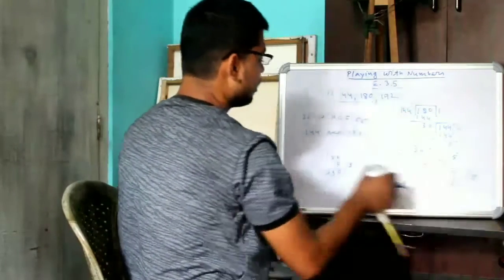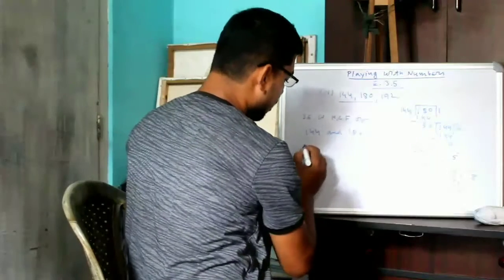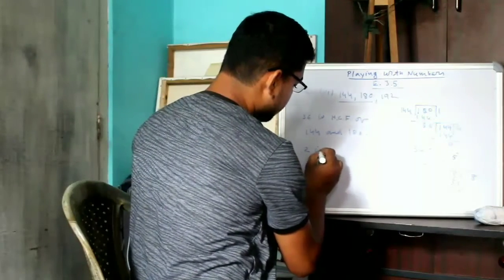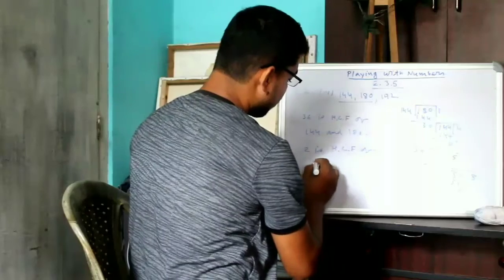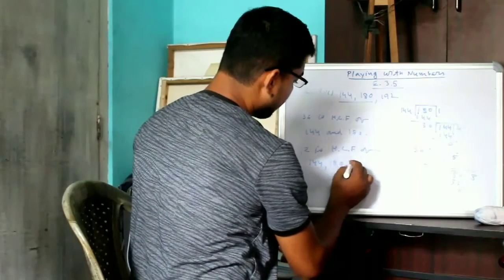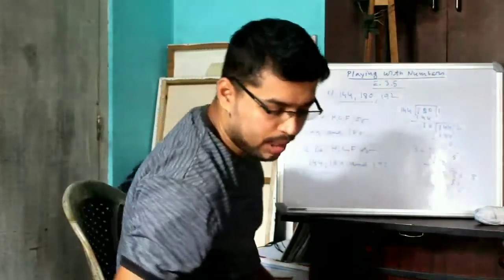So 12 we got. 12 is a common factor of 192. So 12 is the HCF of 144, 180 and 192. So this is the division method.